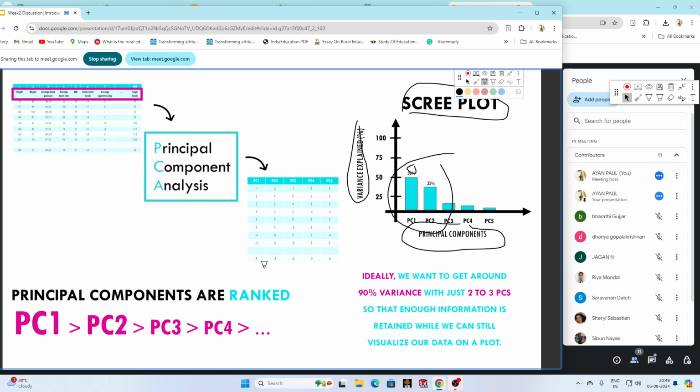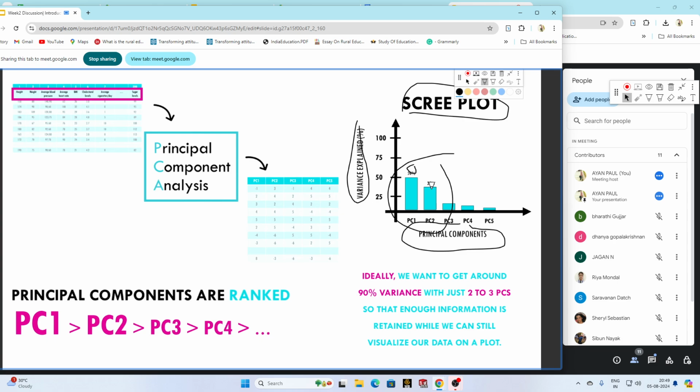We cannot rank inputs like height greater than weight, but we can rank principal components. How do we rank them? The principal component that takes the maximum variance is considered PC1, and subsequently those with less variation are PC2, PC3, PC4, PC5 and so on.